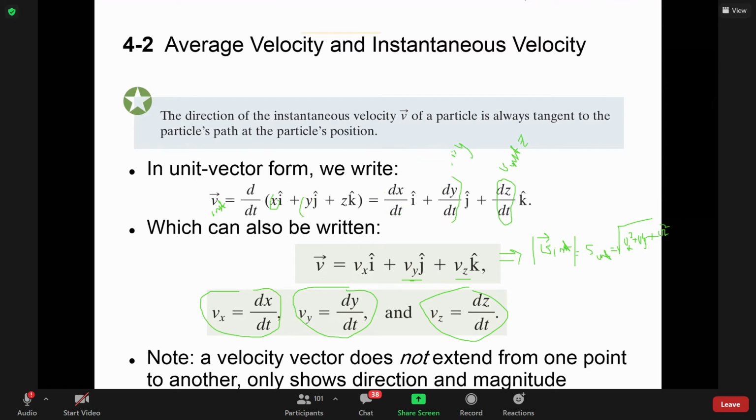Yes, remember, not just for velocity, Azizi. For any vector, the components are scalar quantities. Even if I write a force vector in 2 dimensions, maybe Fx i hat plus Fy j hat.